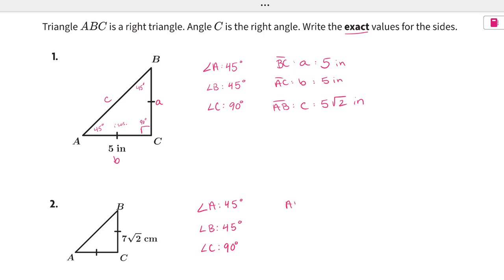Now let's do side BC, side AC, and side AB, or side C. We know that side A is already labeled. It's 7 root 2 centimeters, which means side B is also 7 root 2 centimeters. Let's go ahead and fill that out on the triangle.